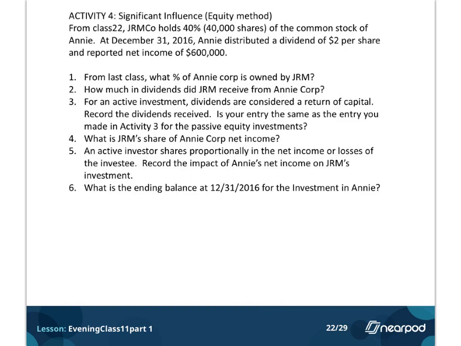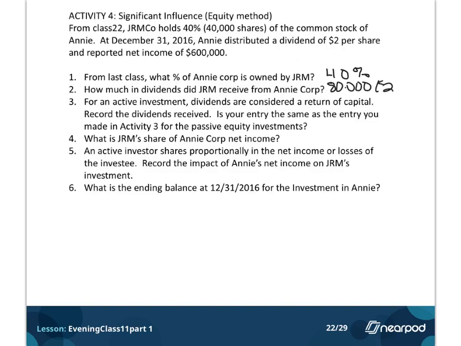So let's just go through these questions, they'll kind of lead us there. From the last slide, what percentage did we own? We own 40%. How much in dividends did we receive from this investment? Well, there's a $2 per share dividend. We own 40,000 shares. So that pretty basic math is going to give us 80,000 in dividends.